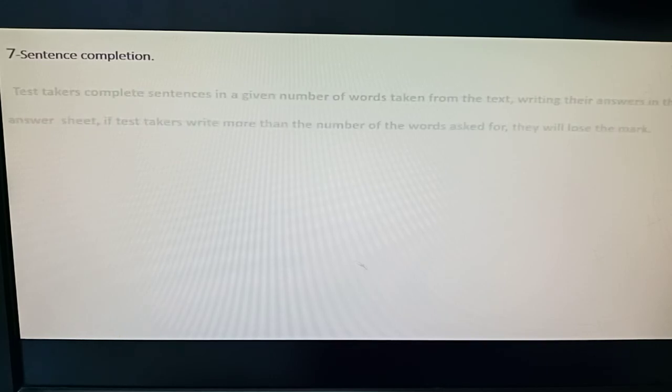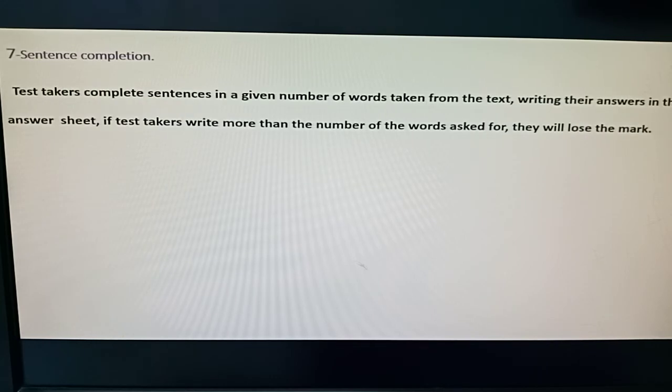Sentence completion. Here the test takers complete sentences in a given number of words. You get a sentence with missing words. For example, you are asked to write not more than 3 words to complete this sentence or to fill the gaps.